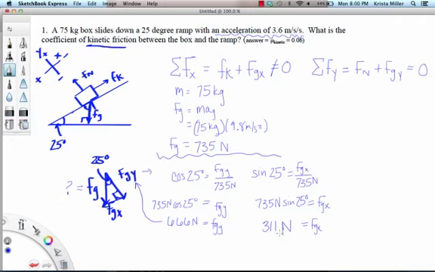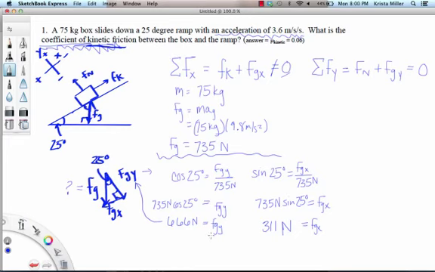So now I have these numbers. That's really helpful. So let's go back up here. Now think, what's our end goal? Our end goal is coefficient of kinetic friction, right? We can't get to our end goal without knowing the kinetic friction. So here's the trick. We're going to go back up to this equation, the net force in the x direction.